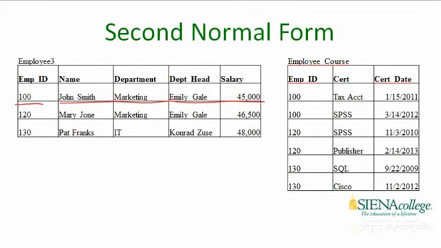If we want to look up John Smith's certifications, we see that the compound key uniquely identifies that certification date. So the key field in the employee file is just the employee ID. The key field in the employee course file is a combination of the employee ID and the certification.